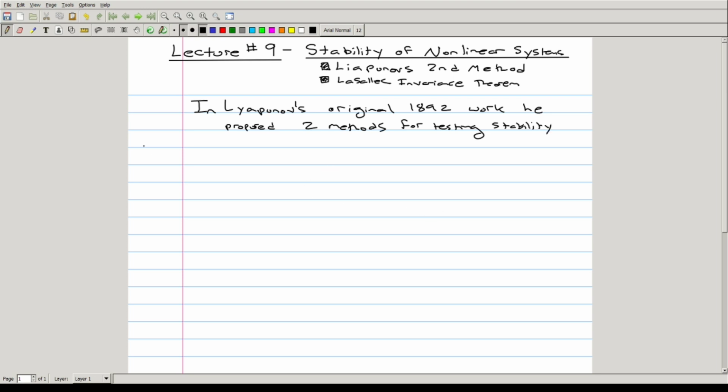The first method is based on an infinite series solution to the ODE system.